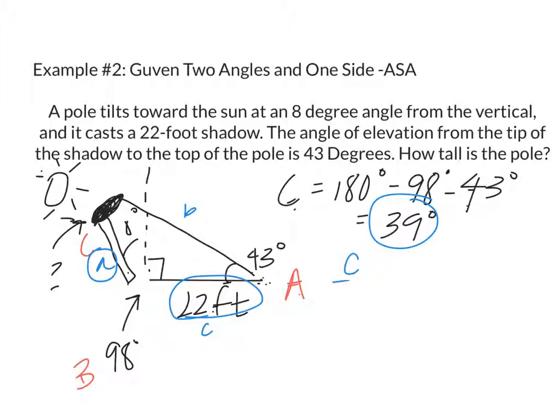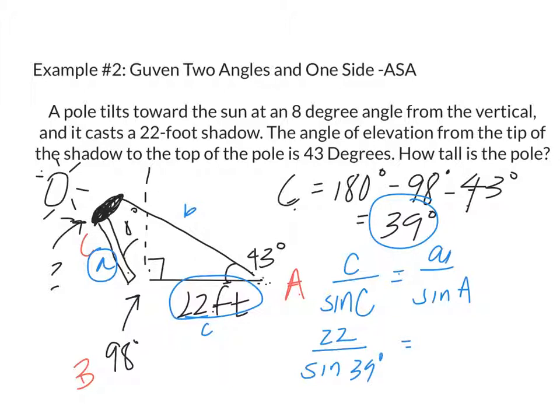So sine of angle C is going to be equal to side A over the sine of angle A. So that would be 22 feet over sine of 39 degrees equal to little a, which we don't know, over sine of angle A, which is 43 degrees.